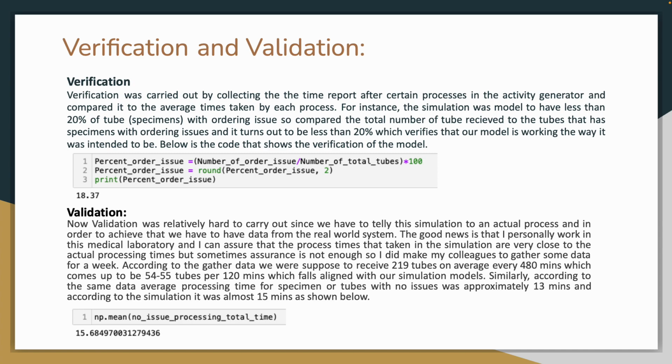Not exactly 20%, but up to 20%, somewhere between 0 and 20%. So it has to be less than 20% of tubes with ordering issues. When I did some math, I found that 18.37% of the tubes had ordering issues, which verified our model, that it is doing what we want it to do.